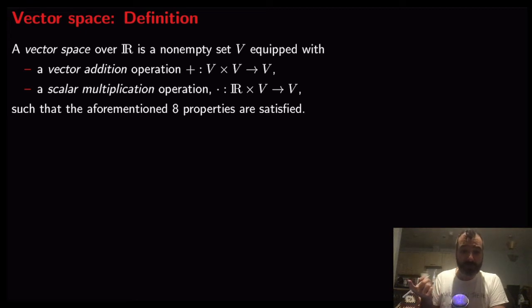So let's give the definition. What is a vector space? A vector space, or if you want the full name and surname, a vector space over R, or a real vector space, is a set V, as in vector, equipped with addition, plus, and scalar multiplication, dot, you can multiply a number by a vector, and these operations satisfy the 8 properties we mentioned earlier.